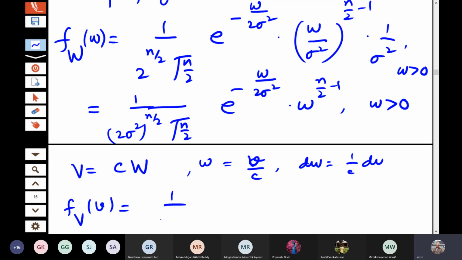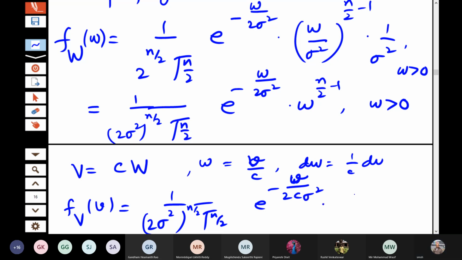That is 1 by (2 sigma square) to the power n by 2, gamma n by 2, e to the power minus W by 2 sigma square, W to the power n by 2 minus 1. So W becomes V by C, 1 by C, where V is positive.